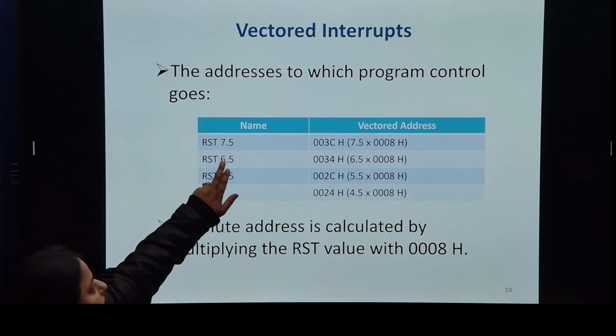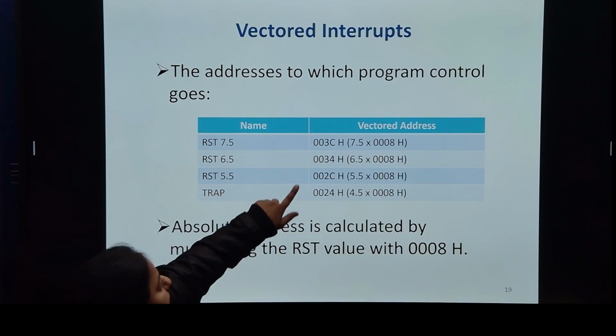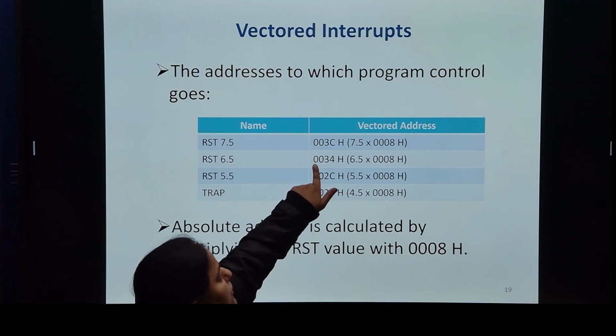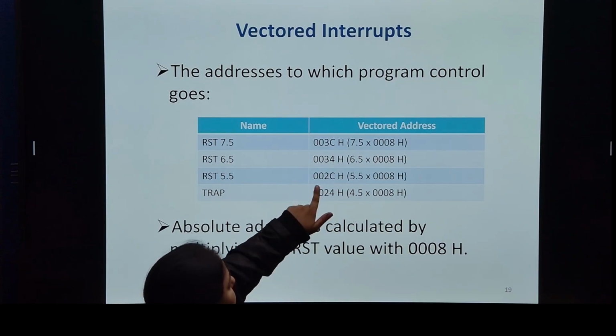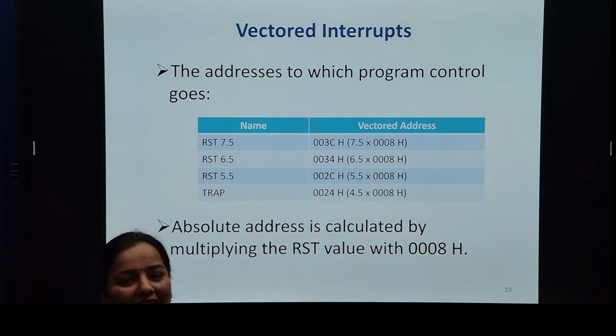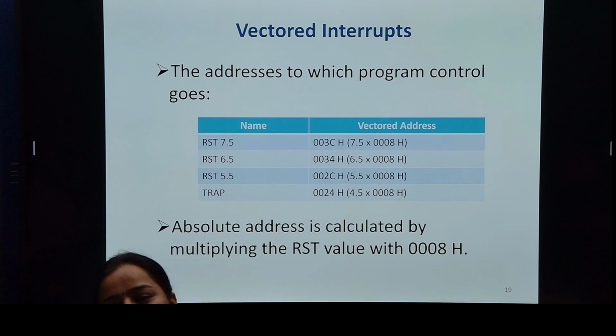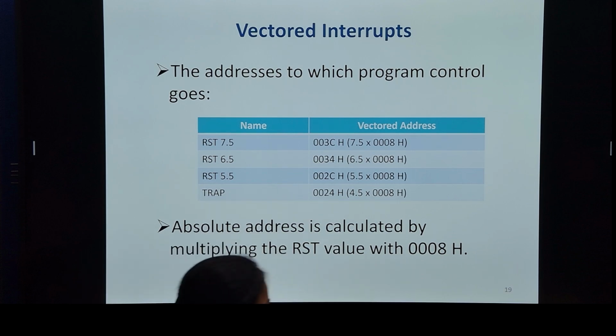For RST 6.5, it will move to 0034. Similarly 002C and 0024. At these locations, predefined instructions or programs are there, and the microprocessor will start executing them.